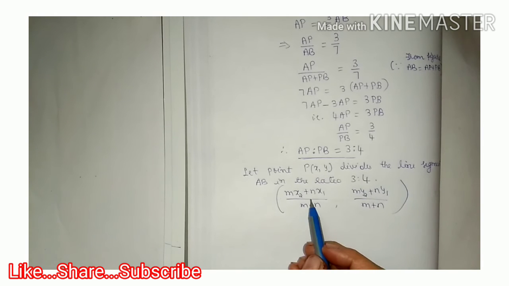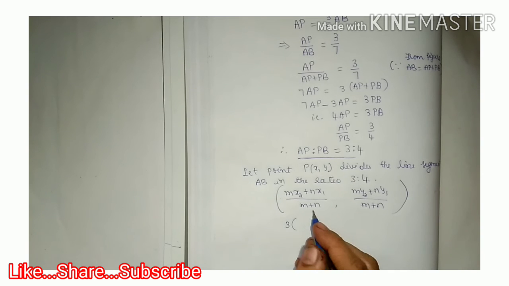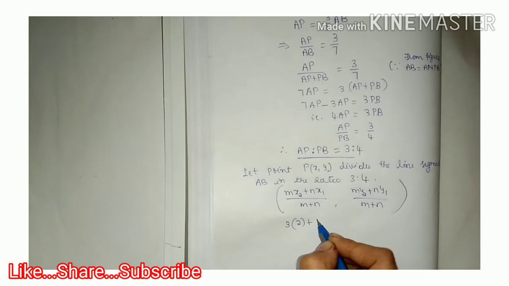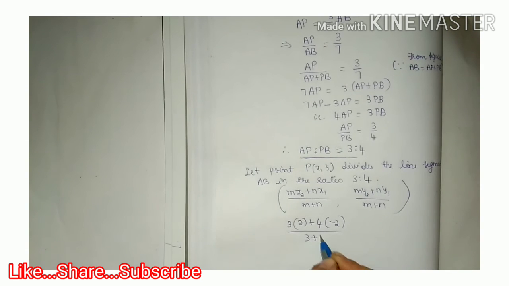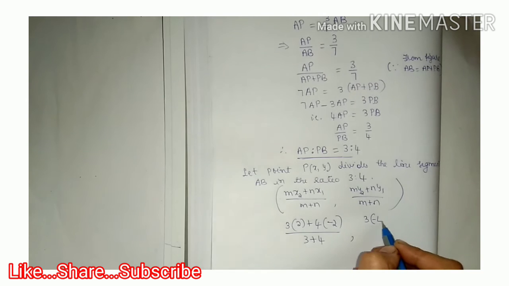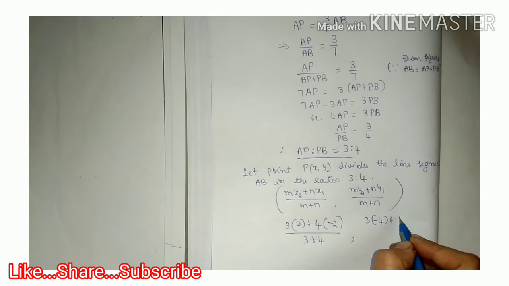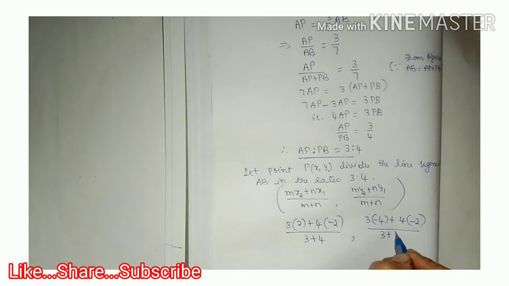Here (x1, y1) is (-2, -2), (x2, y2) is (2, -4), m:n is 3:4. x is (3 × 2 + 4 × (-2))/(3 + 4), y is (3 × (-4) + 4 × (-2))/(3 + 4).